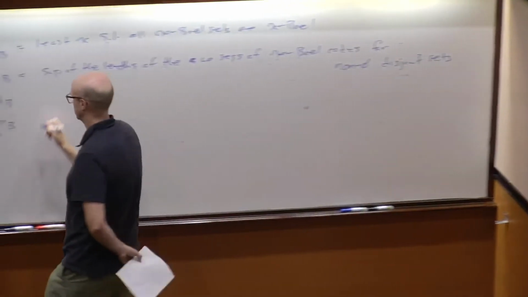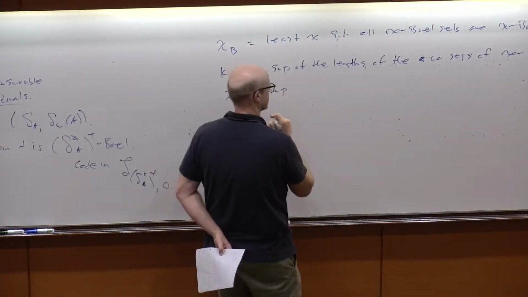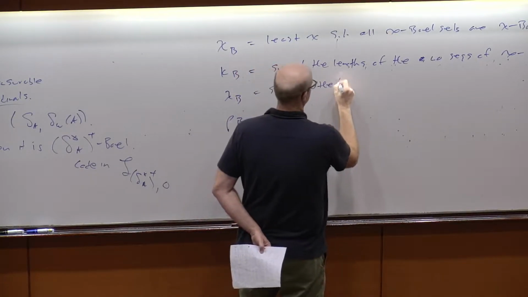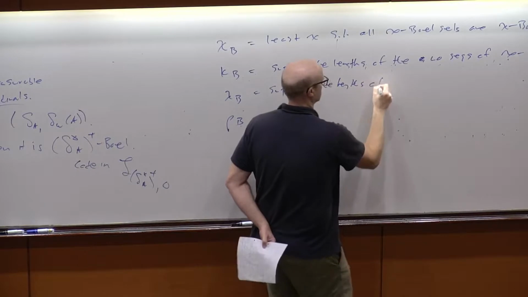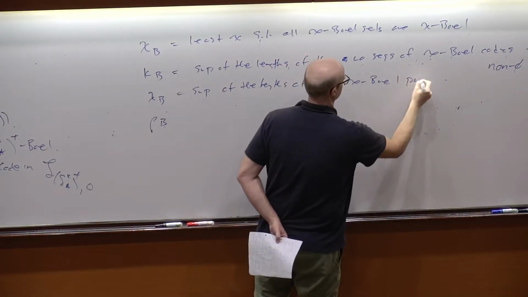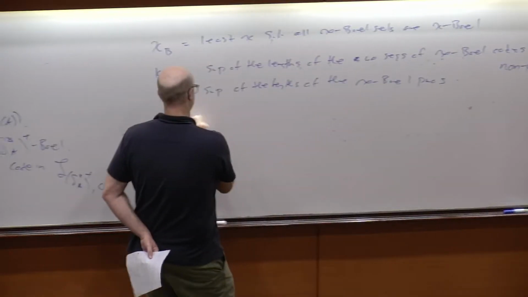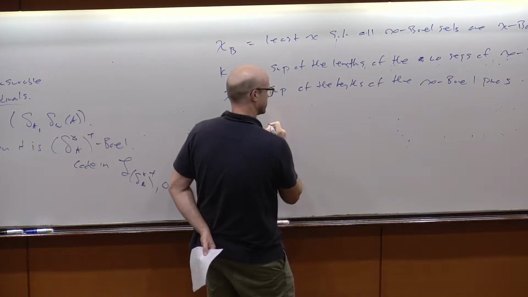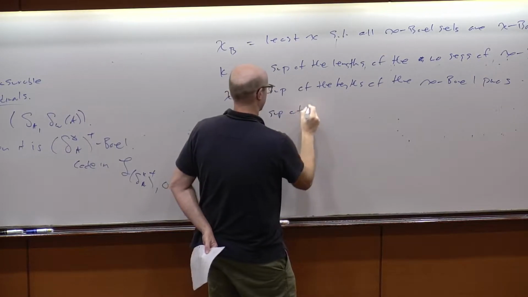And lambda B is the sup of the lengths of the infinity Borel prewellorderings. And rho B, which I'm really not going to use, but just because you're apt to wonder about it, is the sup of the Wadge ranks.